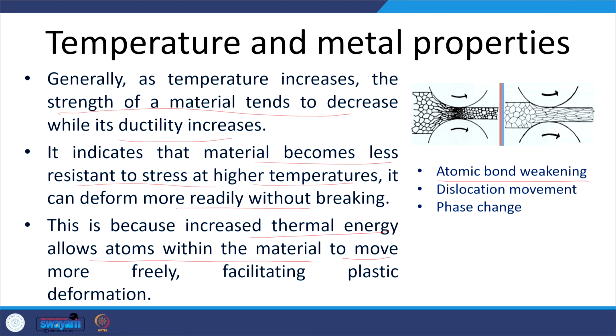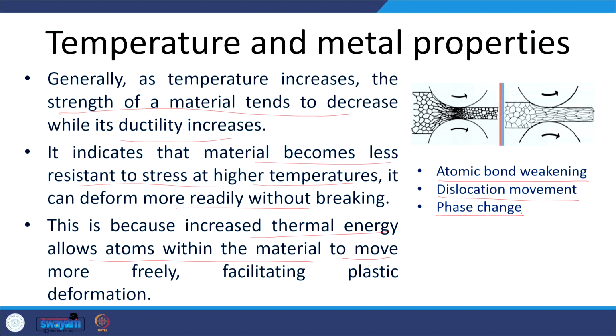When the temperature is increased, the atomic bond strength is reduced, and that in turn facilitates movement relatively easily to facilitate the deformation. Dislocation movement is also enhanced at a high temperature, and that in turn reduces the stresses required to cause slip and twinning to facilitate the deformation.